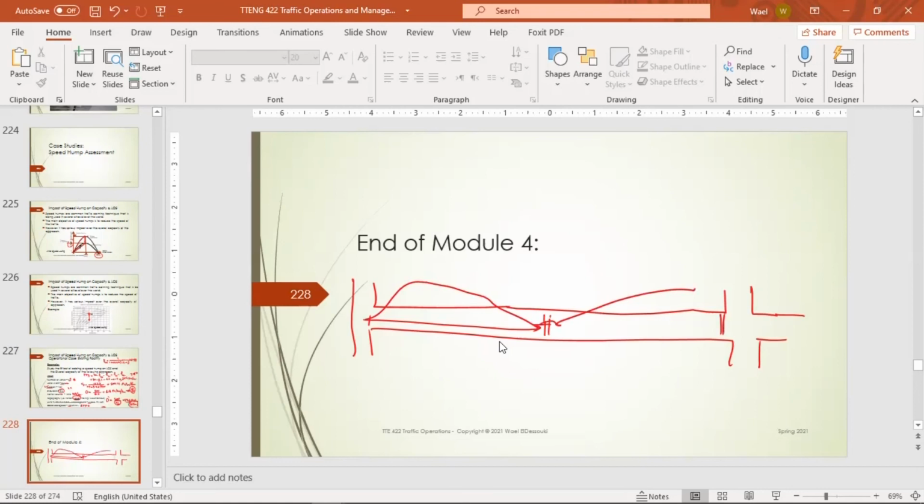Then we have another speed hump here. So this way you are forcing the driver, and of course this distance, I think it was 800 meters. So we had to make this configuration.